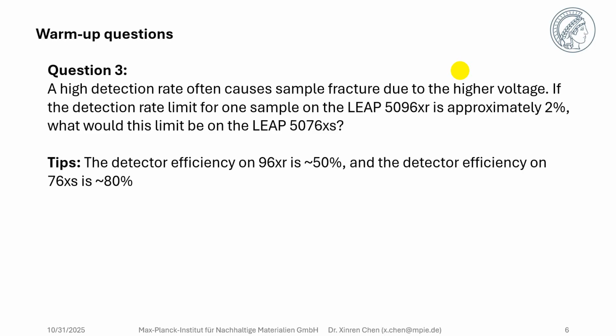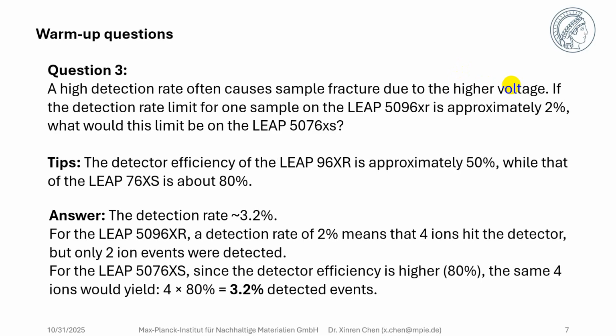Then if you move your sample to the 76, which is a straight flight path detector, what will be the limit? We have one tip. The detection efficiency on the 96 is 50%, and the detector efficiency in the 76 is 80%. Here I gave the answer. The detection rate limit is about 3.2%.